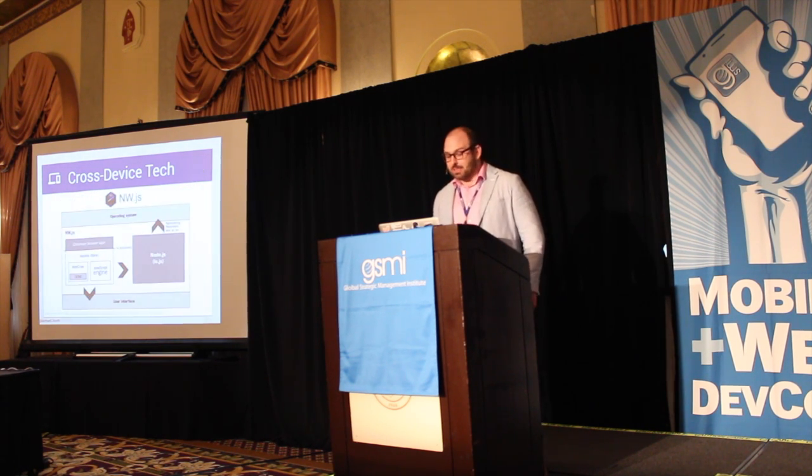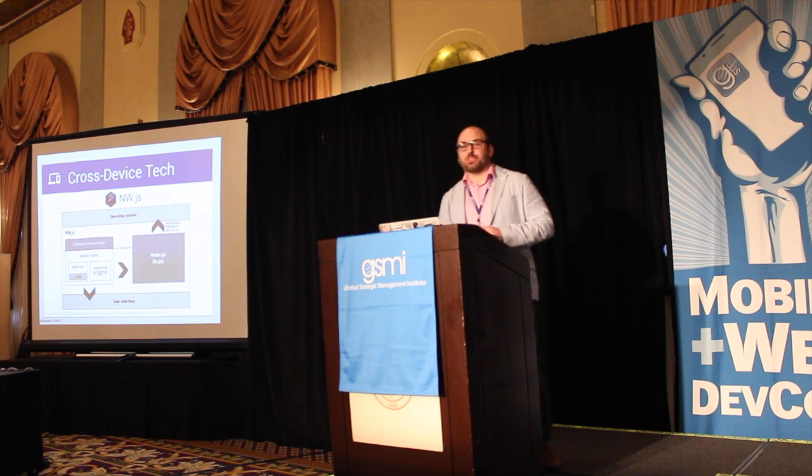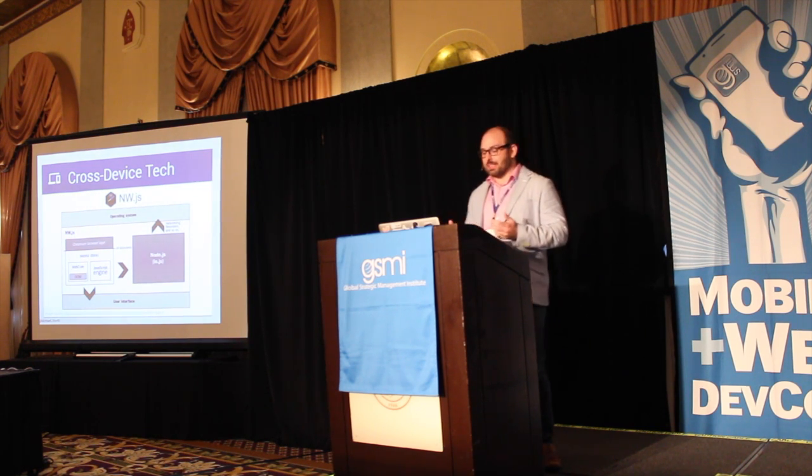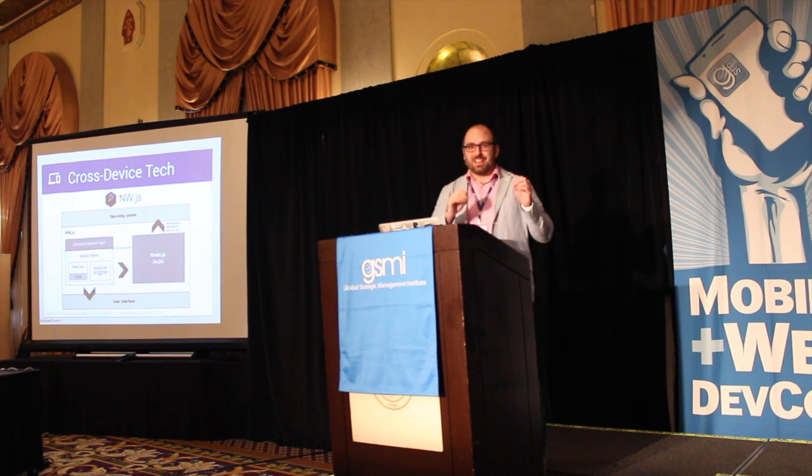So EmberJS, same idea. The difference here is that your web application, instead of communicating with some native mobile application piece, will have direct access to Node.js. And this makes EmberJS a lot simpler. And the reason is, it doesn't have to create a bunch of adapters and a bunch of little plugins.